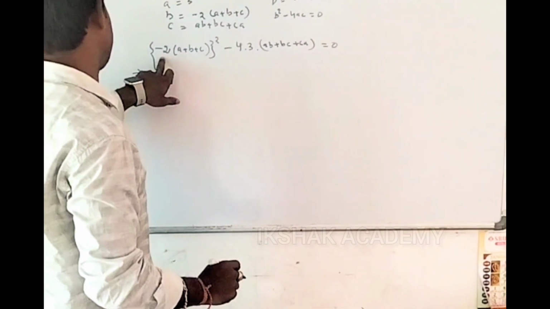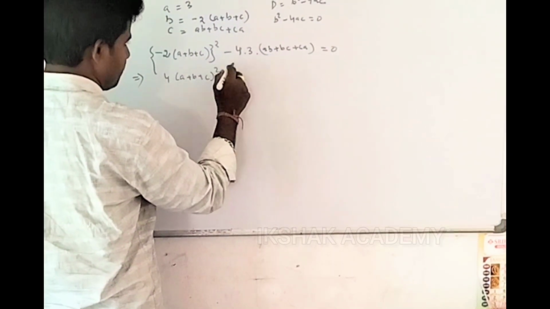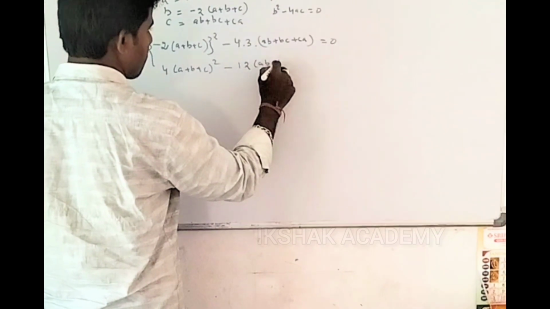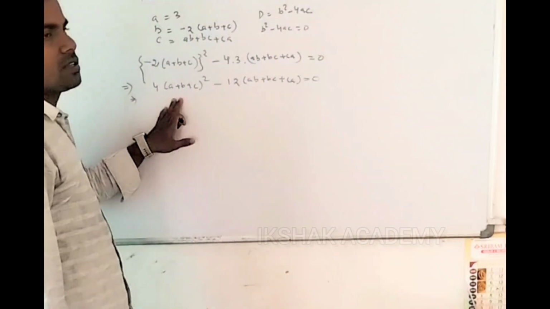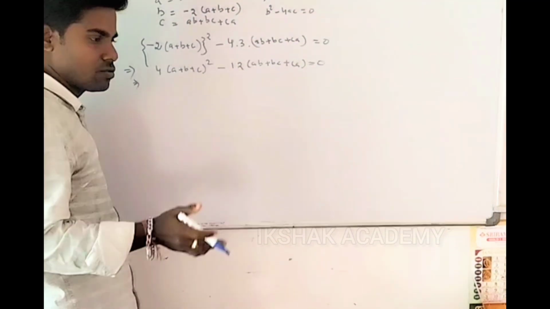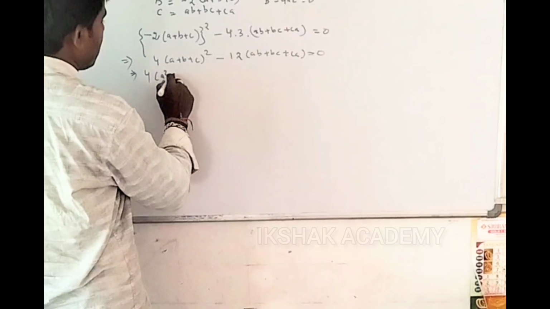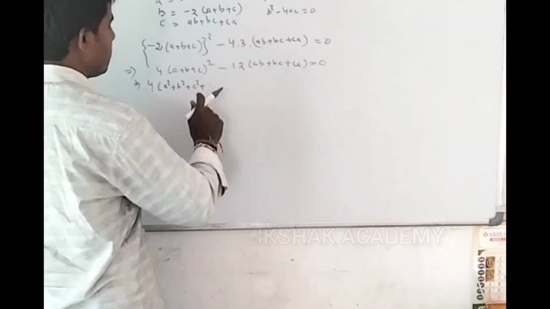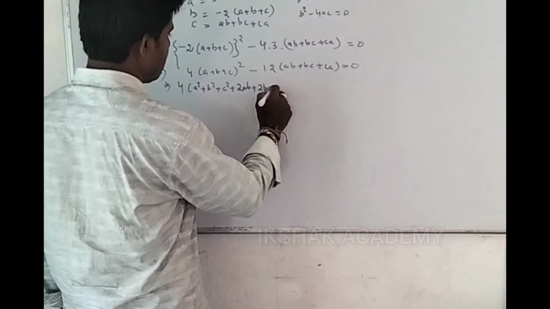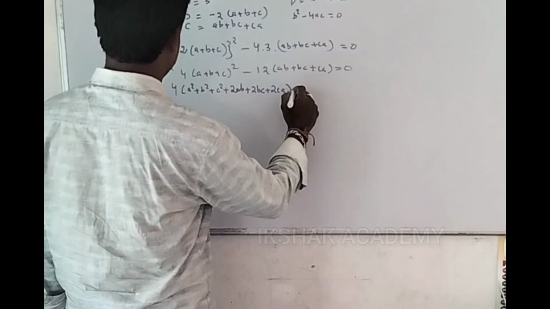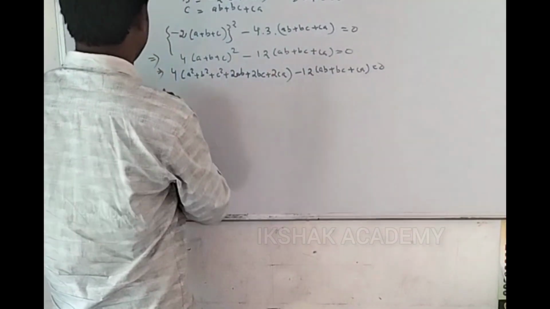So here square of minus 2 is 4, a plus b plus c whole square. a square plus b square plus c square plus 2ab plus 2bc plus 2ca. 4 into a square plus b square plus c square plus 2ab plus 2bc plus 2ca, here minus 12 into ab plus bc plus ca equals 0.